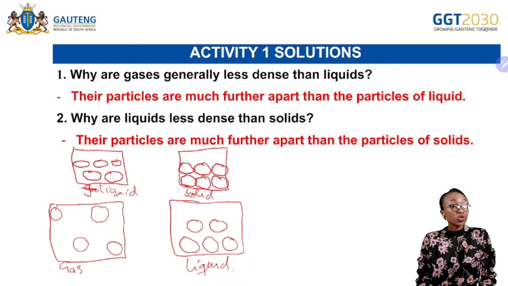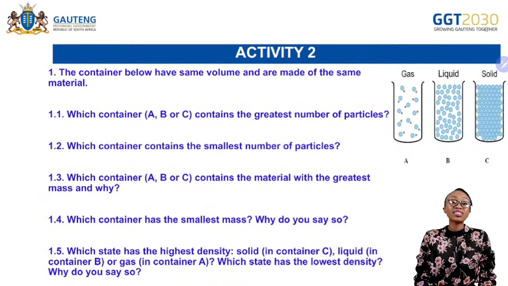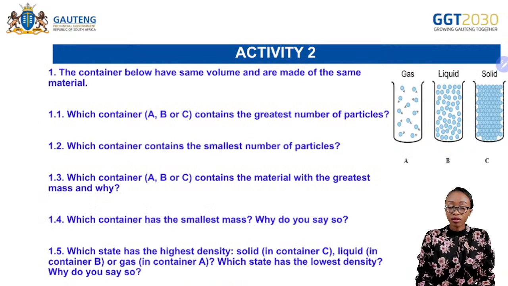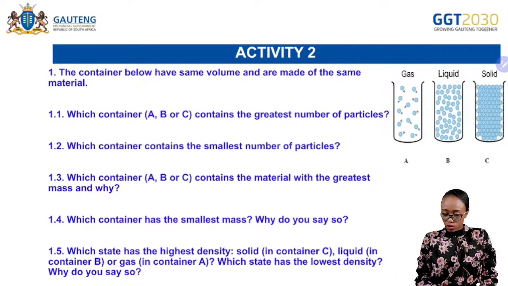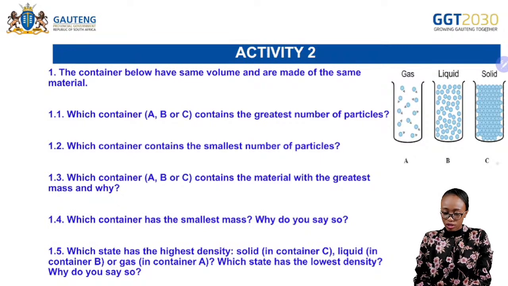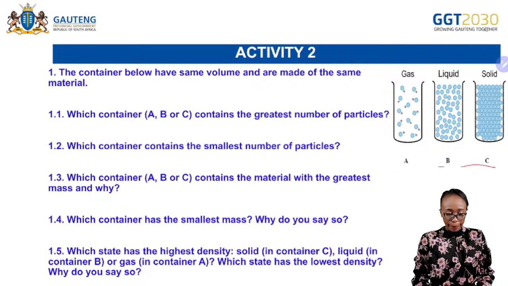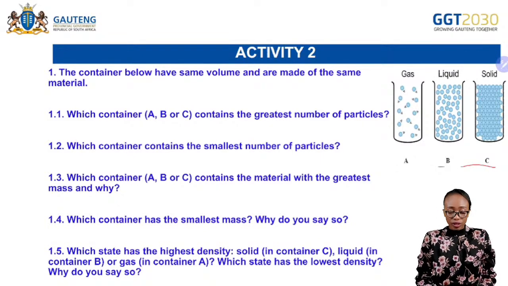Let's move on to our second activity. This is activity 2. I'm going to read out the questions. Please do send in your responses. For all these questions, we're going to refer to the diagram that is above me. The main question reads: the containers here have some volume and different materials.